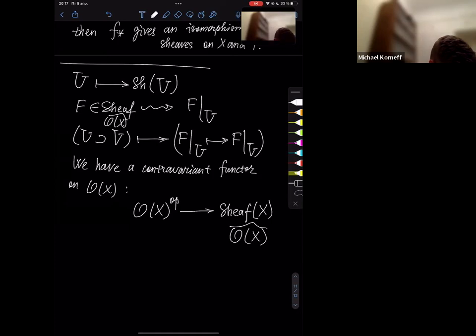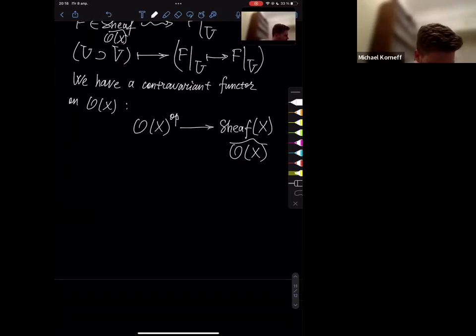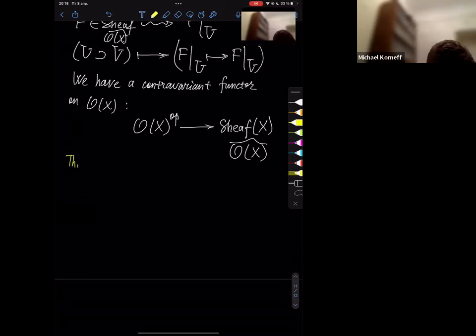Because sheaves live in a local setting, this functor is itself almost a sheaf, and the following theorem tells when this is really a sheaf.